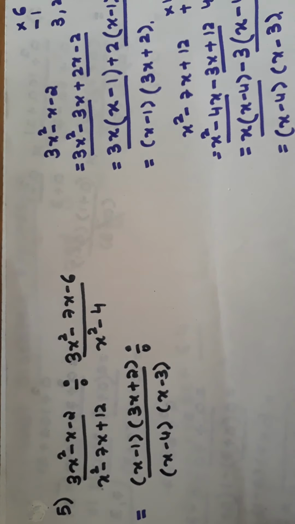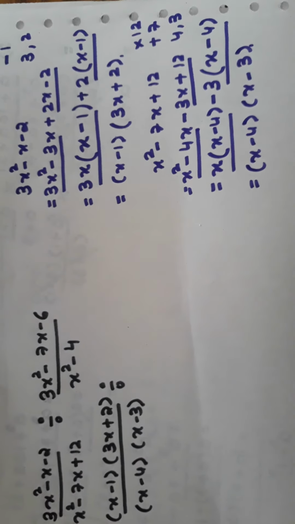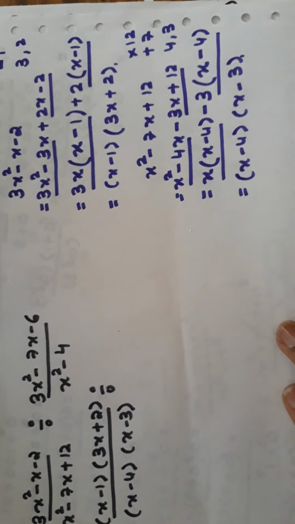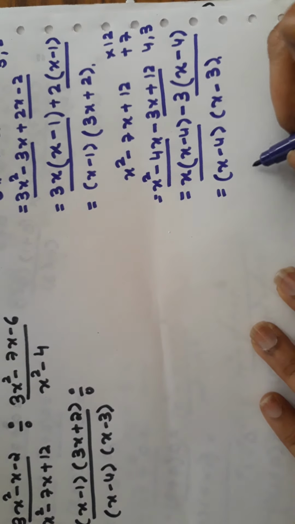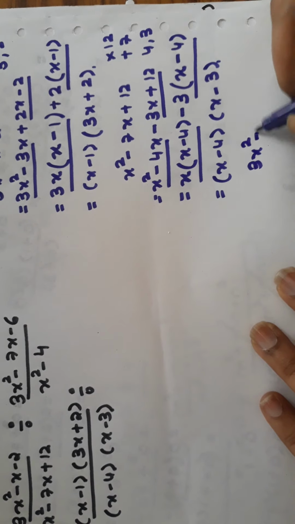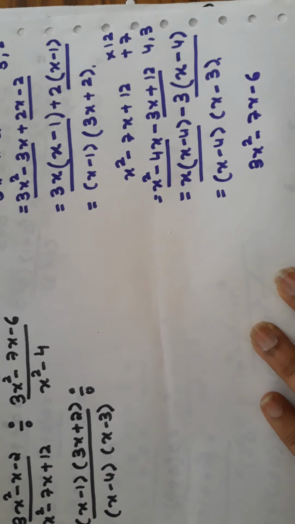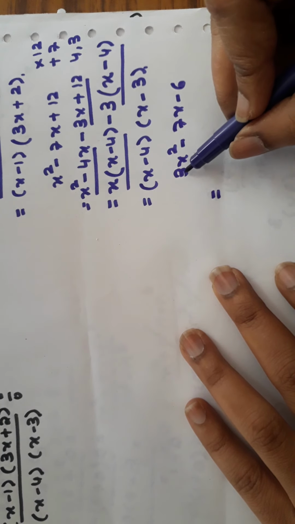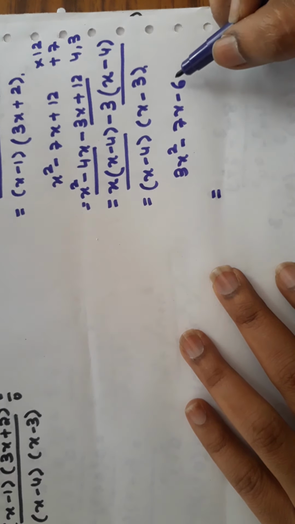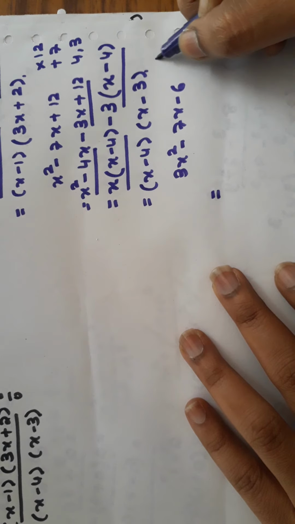Division. Now the next expression: x² − 7x − 6, with the product of the first coefficient and the constant term being 18, since 3 × 6 is 18.